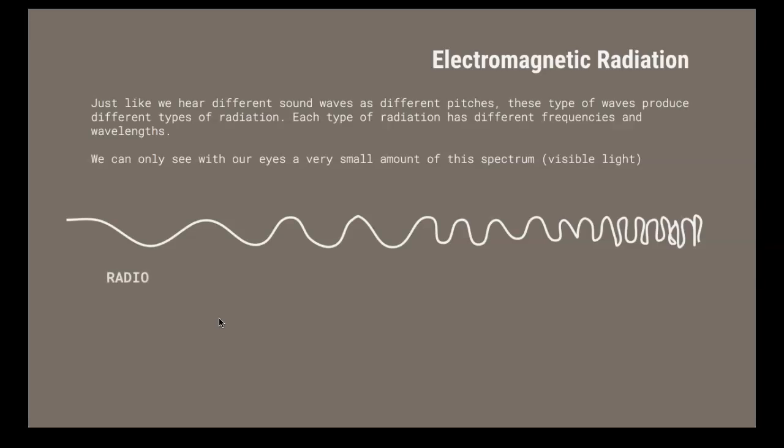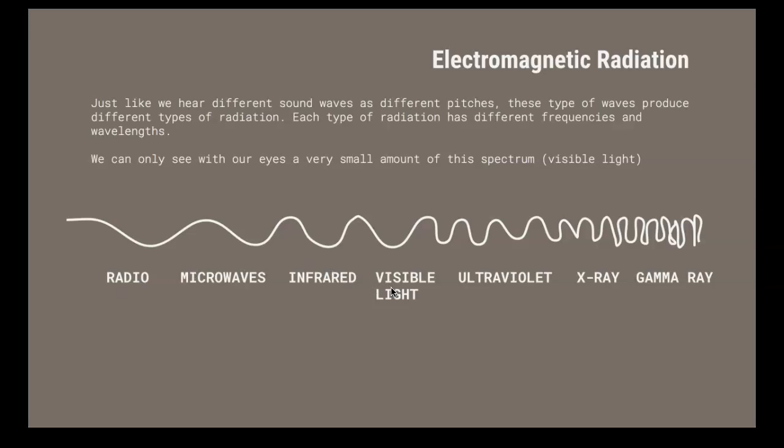So the types of electromagnetic radiation are radio waves, microwaves, infrared, visible light, the ones that we see, right in the middle, ultraviolet, X-rays, and gamma rays. So when you look at this spectrum, they always get put in this order from radio waves to gamma rays.